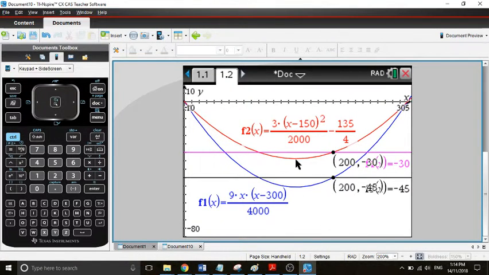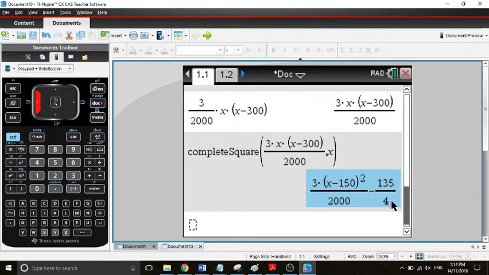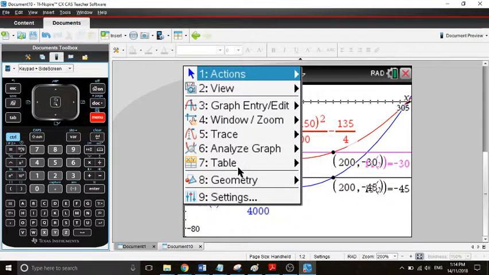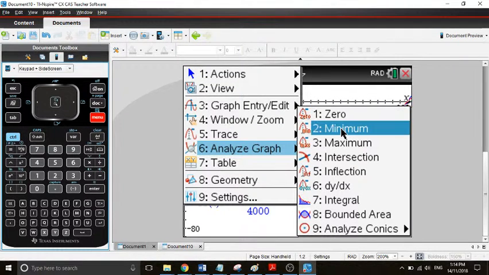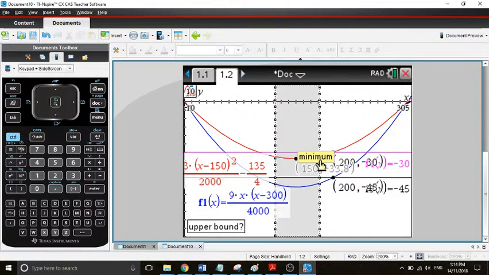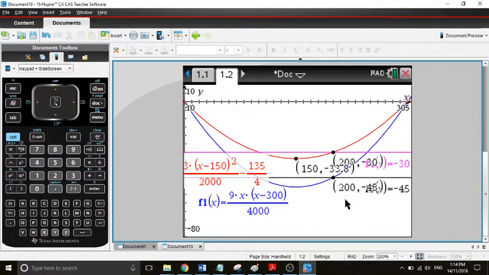So that works. So we want our new maximum depth. So we want to know this. Now, according to CAS, it is negative 135 over 4. Let's check. Menu, analyze graph. We're after a minimum. That one. Lower boundary, upper boundary, happens at 150 and 33.8. So let's just check if that makes sense.